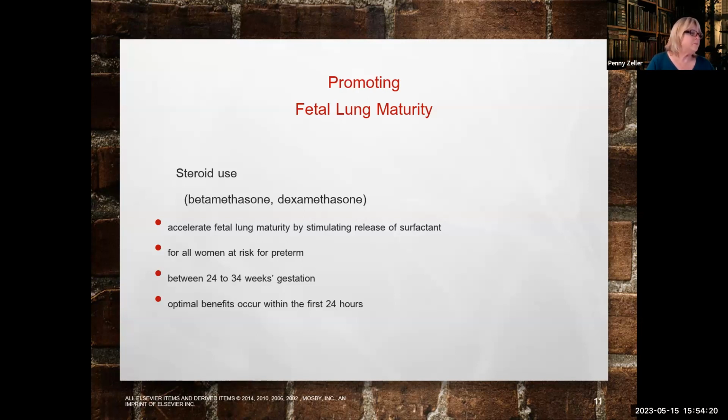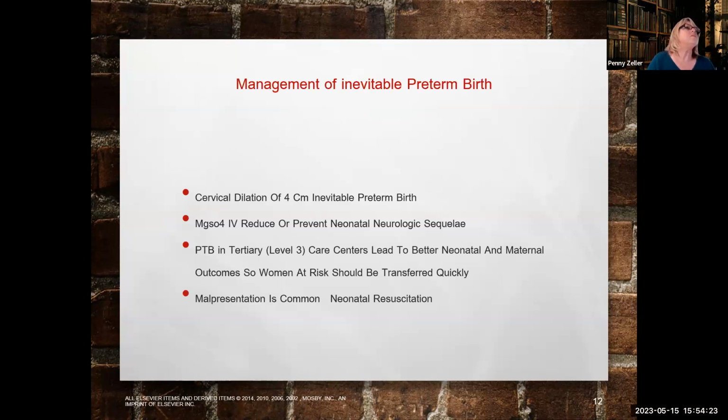Intramuscular injection. Once again, if she's dilated at 4 centimeters already and she's having some contractions, it's kind of inevitable. There's not very many preterm deliveries that we can prevent.